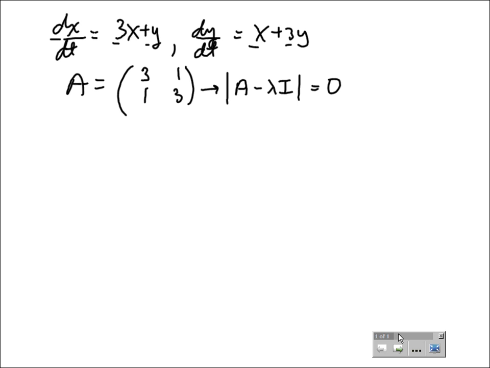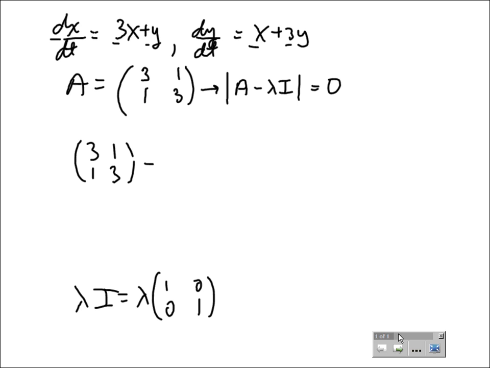Well, we know what A is. It's 3, 1, 1, 3 minus lambda times I. Well, that's I. Multiply it by lambda, and you just get lambdas on the diagonal and zeros off the diagonal.